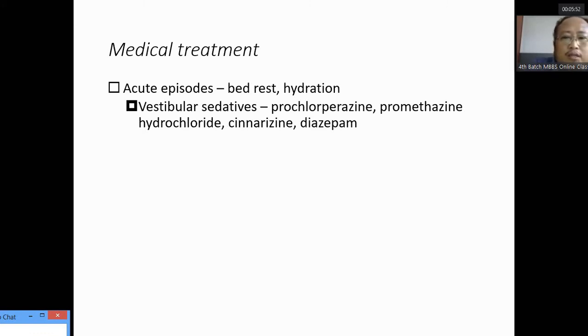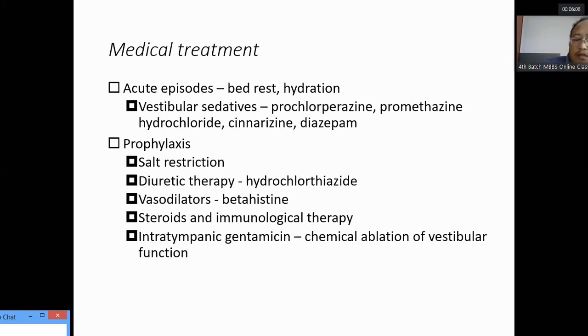In some cases, we might give injectable medications like prochlorperazine, promethazine, sometimes diazepam, for the patient's benefit.